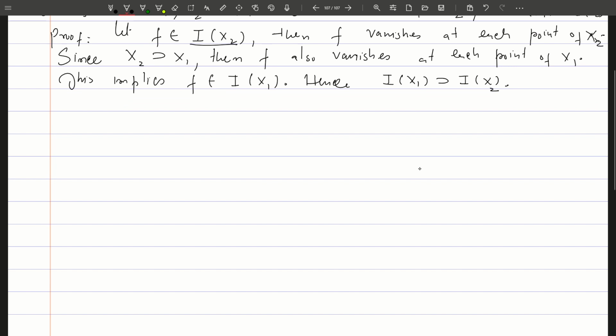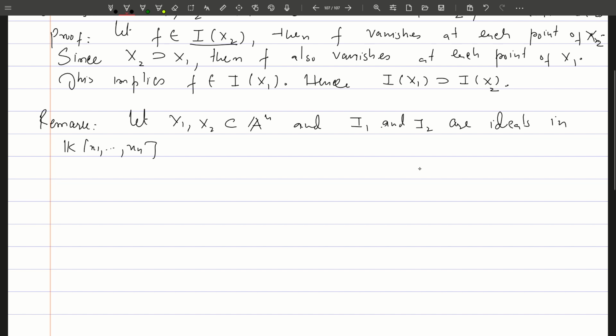So one should remark that if X1 and X2 are subsets in the affine space, and say I1 and I2 are ideals in the polynomial ring, then first, I1 contained in I2 implies zero set of I1 contains zero set of I2.